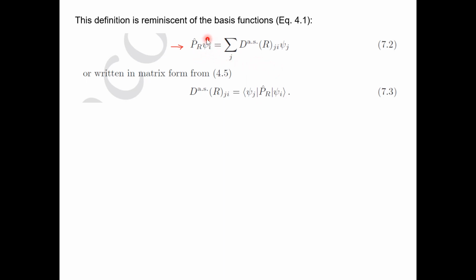When I apply a symmetry operation to this set of positions, I get another position, and I don't get a linear combination, but just one position, because for each row or each column, this matrix, the equivalence representation matrix, has only one number 1. The others are all 0.